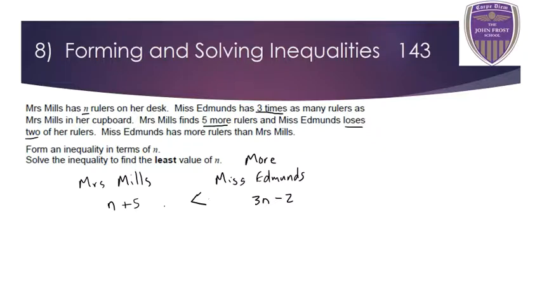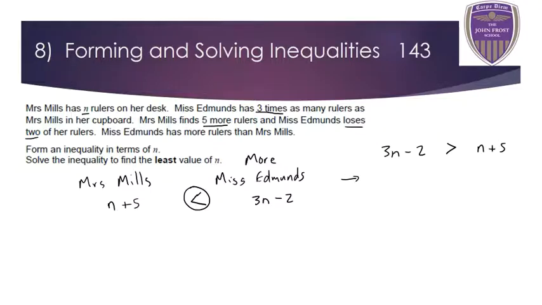So 3n is bigger than n. So I'm going to write this out now as 3n minus 2 on the left. But because I've written the 3n minus 2 on the left and the n plus 5 on the right, I need to swap this inequality sign round. So I've done that now, and now I can start solving it.